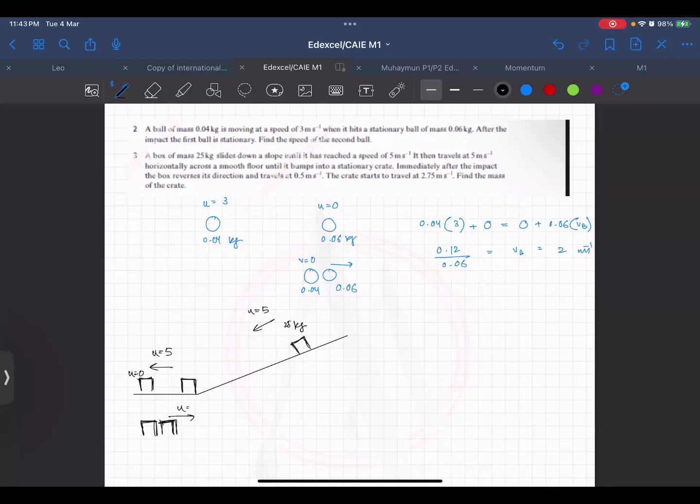It is now moving to the other side, reverses its direction and travels at 0.5. The crate starts to travel at 2.575. Wait a minute. You had a box of mass and then, so okay, this is the box and this is the crate. What's the difference?